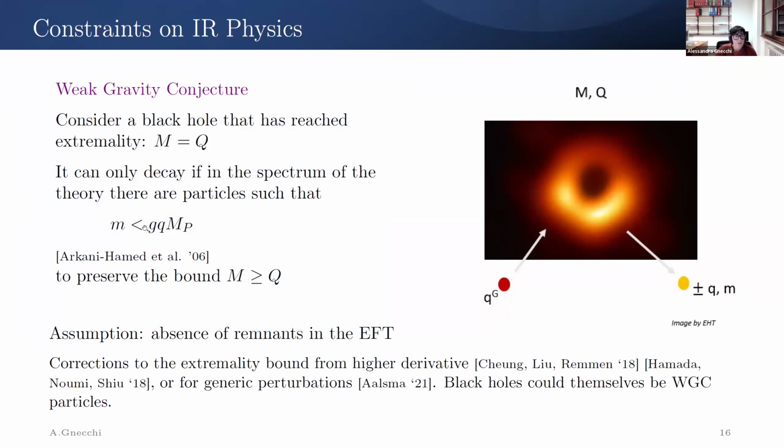The weak gravity conjecture is a requirement that in the spectrum of our effective field theory, which could be the standard model even before we couple anything to gravity, there needs to exist a particle whose mass to charge ratio satisfies this bound. And this is such that when we get to extremality, then this particle would be allowed to be emitted, because it would lead to a black hole state that respects the BPS bound.